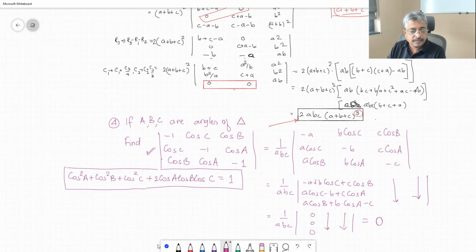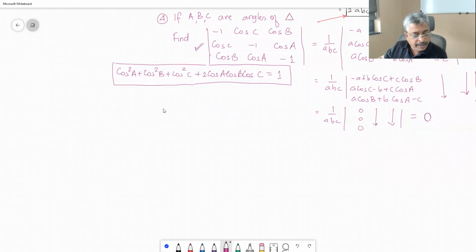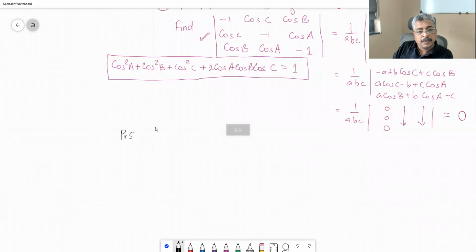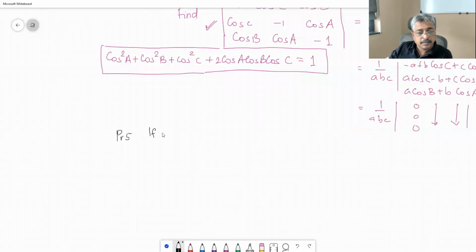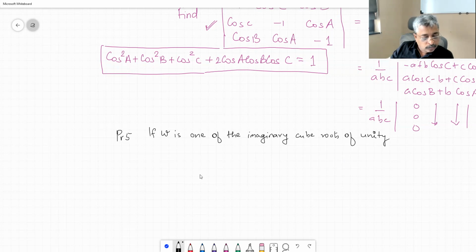Next, if omega is one of the imaginary roots of unity, factorize.